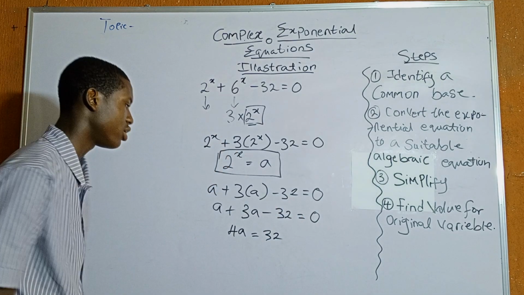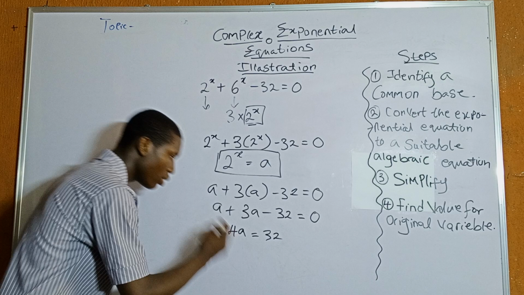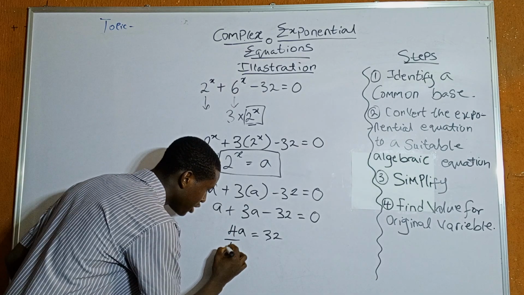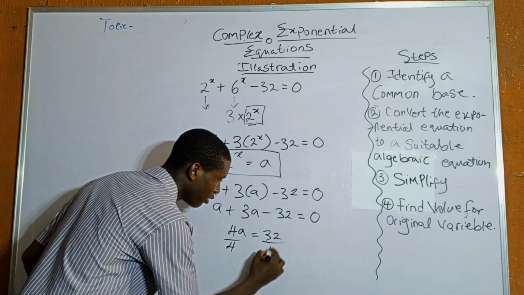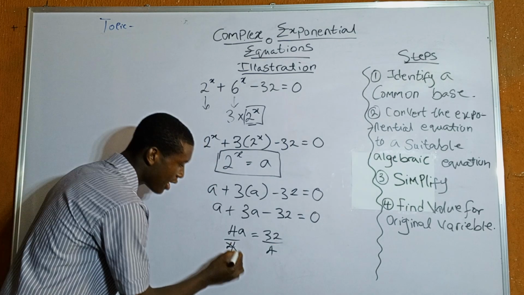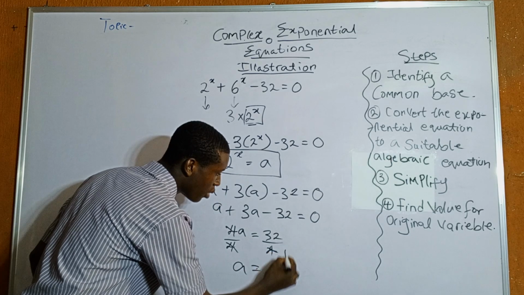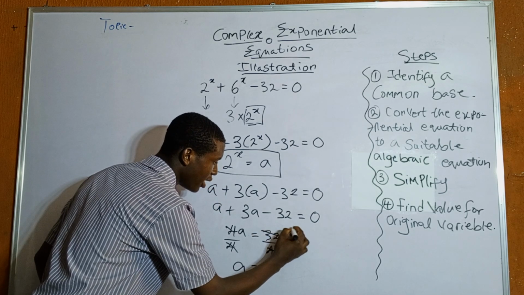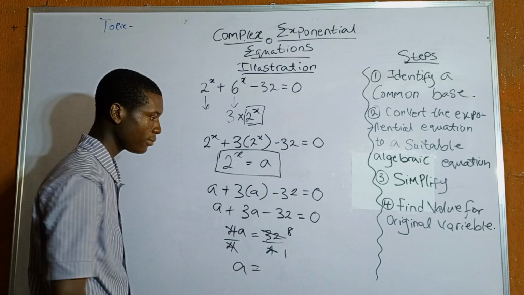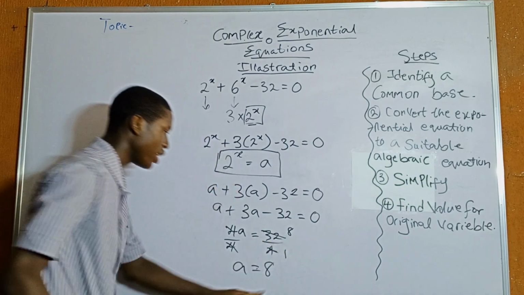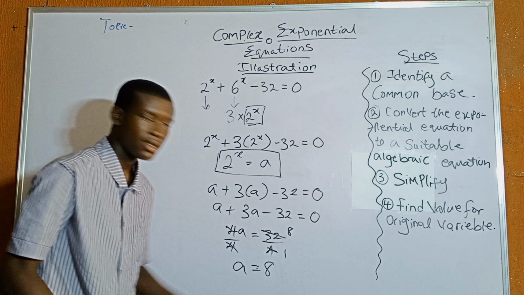The 0 is not needed. All we simply need to do is divide through by the coefficient of a, which is 4. Now 4 cancels 4, so a will be equal to 32 divided by 4, which is 8. So a is equal to 8.